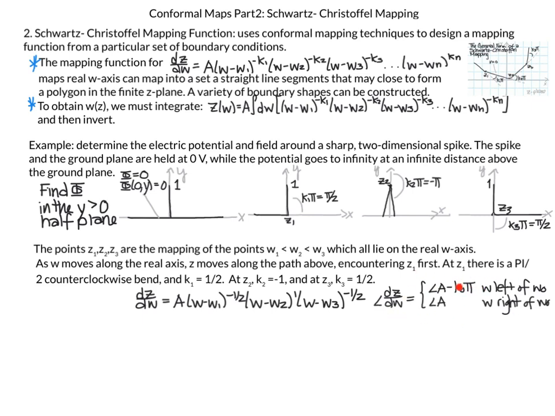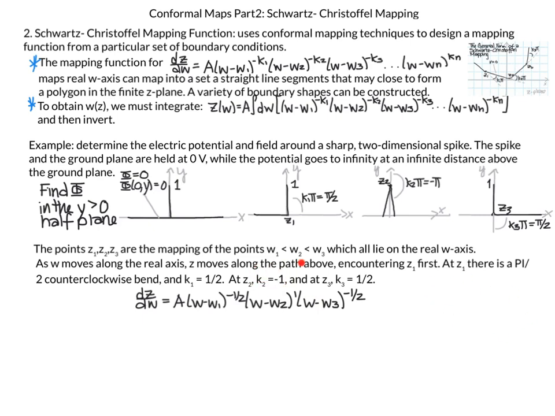Since our phase change is k times pi, then our k1 is equal to 1/2. We continue along our path. We're up here at z2, but now we need to come back down. So instead of going up, we come back down. It's a 180 turn. In other words, it's a minus pi radians turn, which means our k2 is going to be equal to -1.